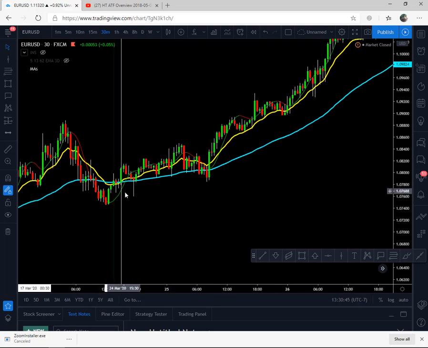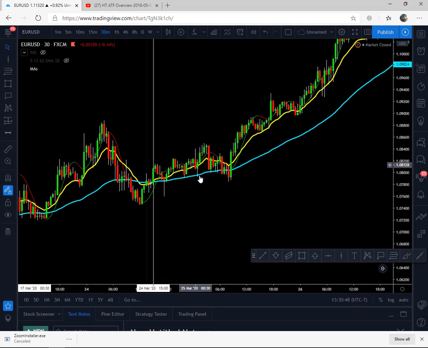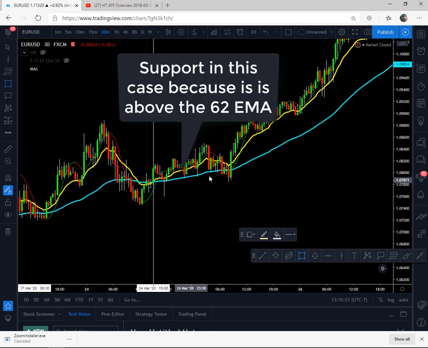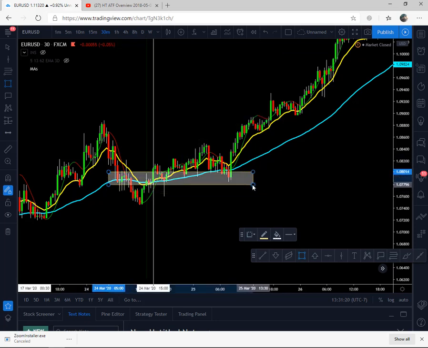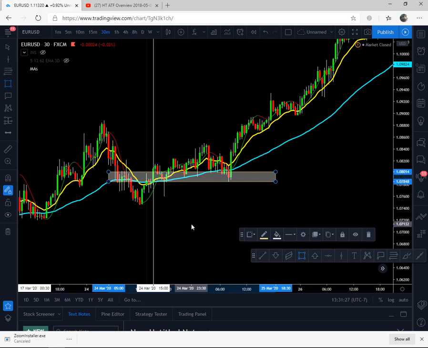Price also tends to bounce off that 62, and when you see bounces like that, that could be a potential confirmation for support, bouncing on top of the 62, as we see here.